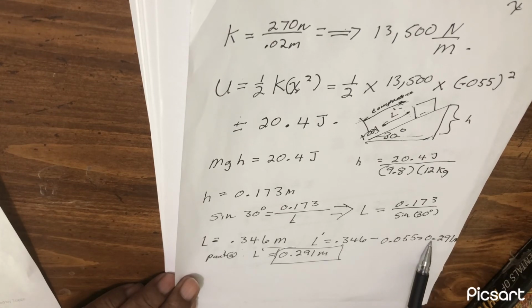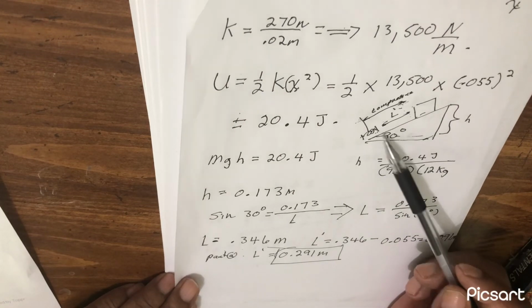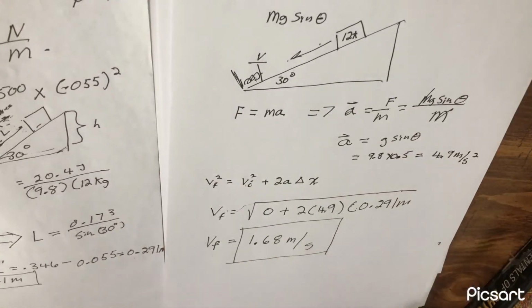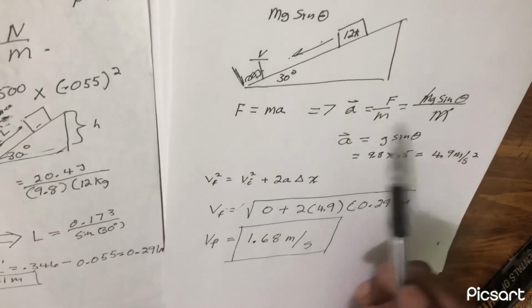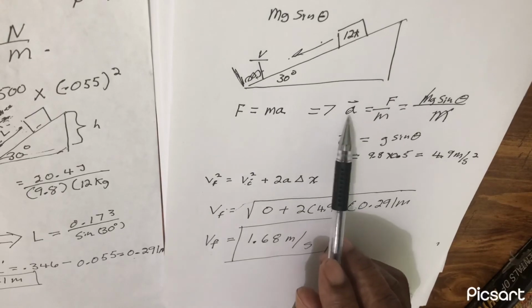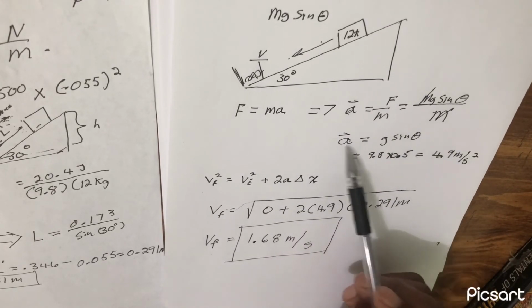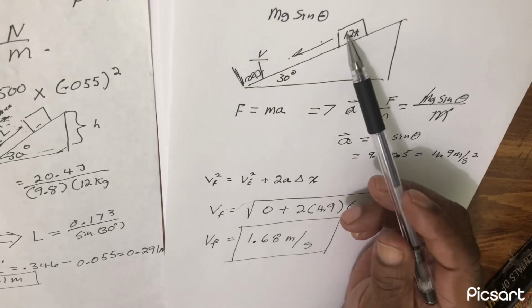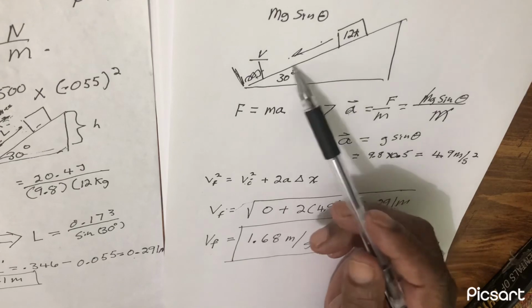and we came up with 0.291, which is the non-compressed L. Then we said, well, let's make it easier on ourselves. We knew that the acceleration is force over mass, so we solved for the acceleration of this system, just moving freely down this ramp, no friction.